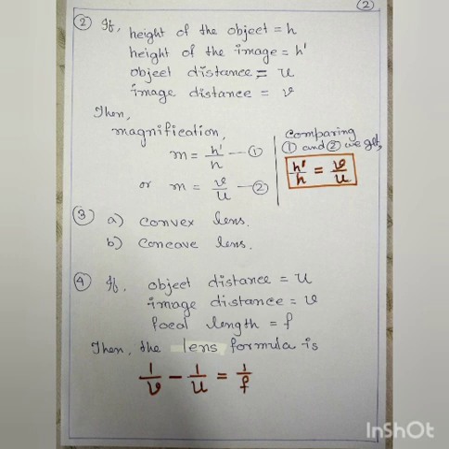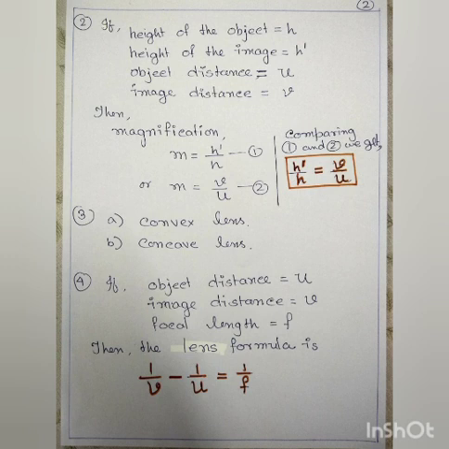Now see, for question number 3a, the refracted ray is intersecting the principal focus. So this is a convex lens. And in B, after refraction it has deviated, it is going away from the principal axis, so it is a concave lens.